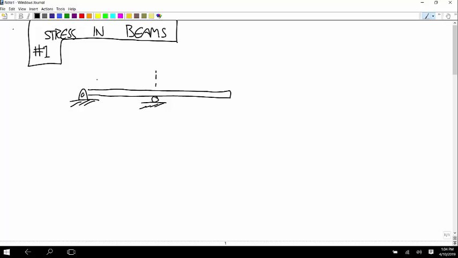Each of these lengths is 0.7. There's a force at the end of 15,000 newtons.